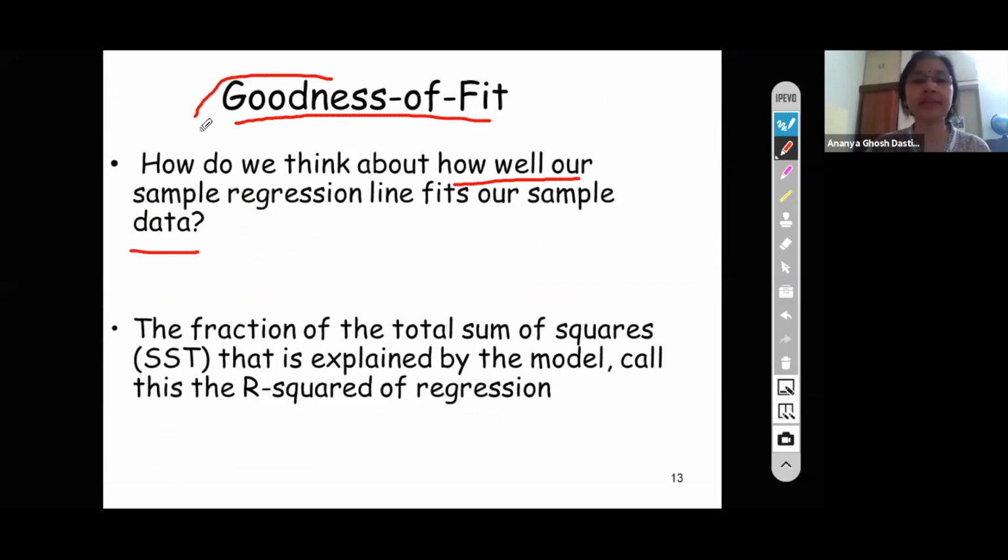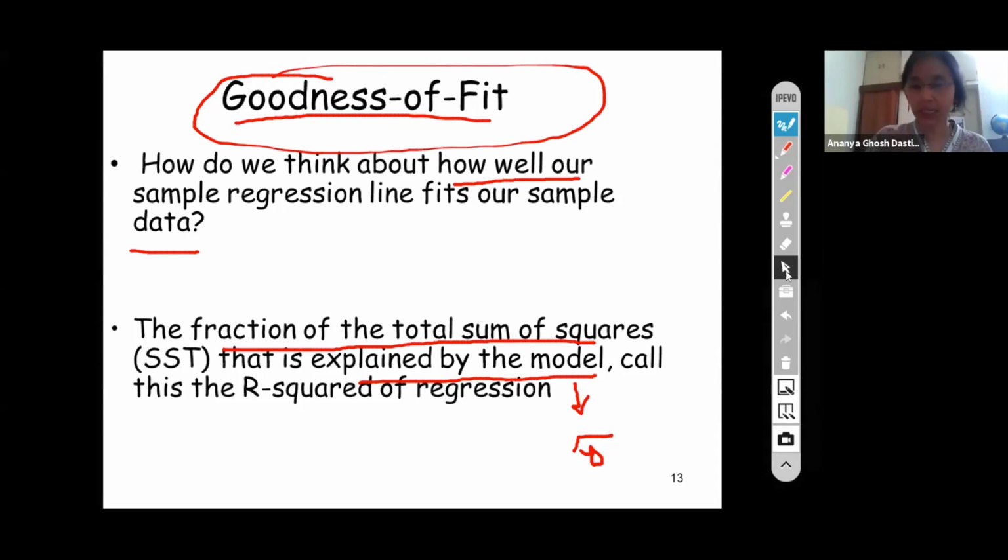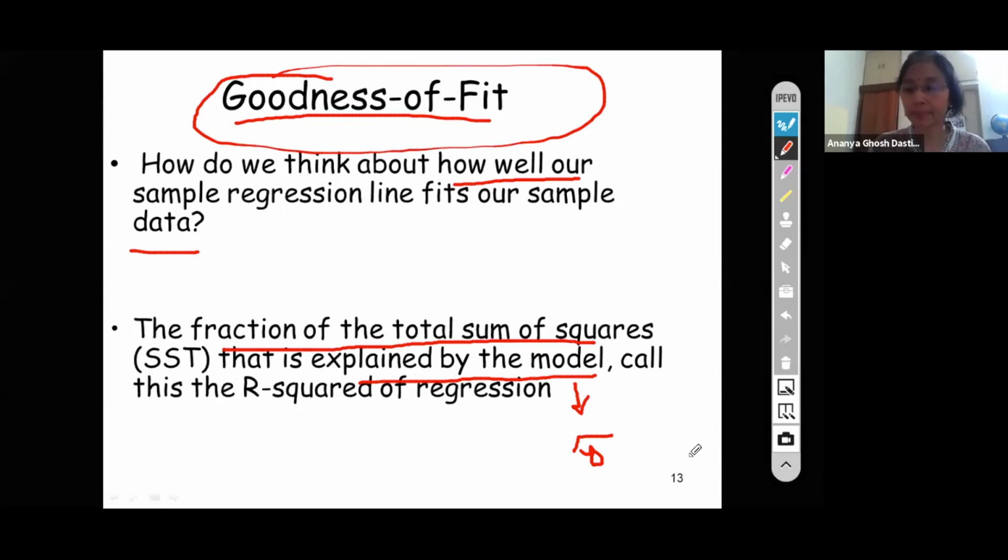That's where this name comes from, goodness of fit. And it's essentially the fraction of the total sum of squares, or SST, as we just saw, that is explained by the model. Now, what the model is giving you is y hat. So it's basically the ratio of the variance of y hat to the total variance in y.